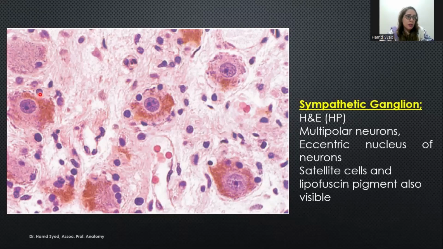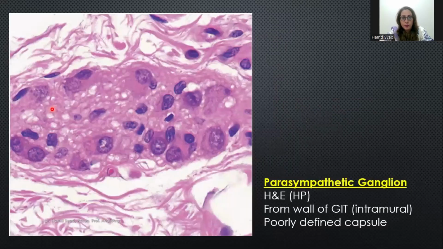And you can also see it is surrounded by the supporting glial satellite cells, whose nuclei are visible. And also you can see over here the lipofuscin pigment, which is the wear and tear pigment. It's a brownish pigment which accumulates over time within these neurons.